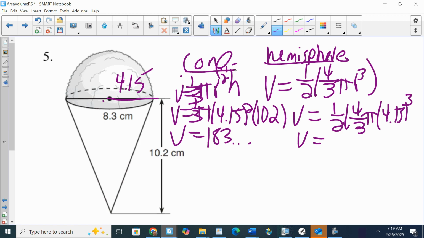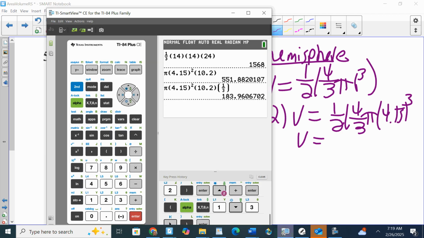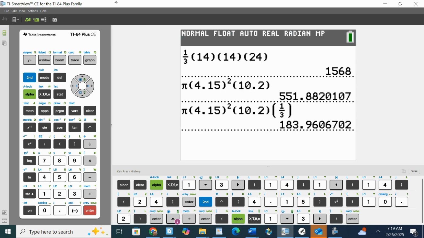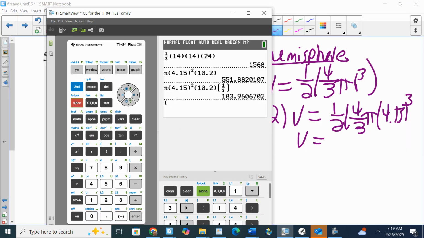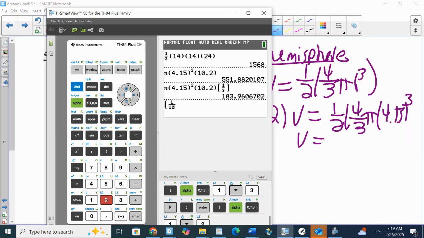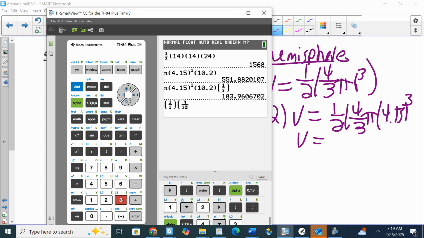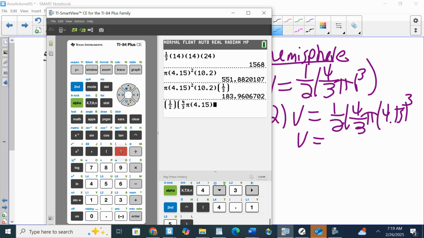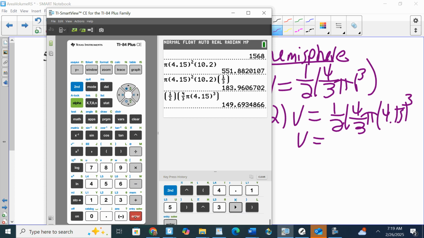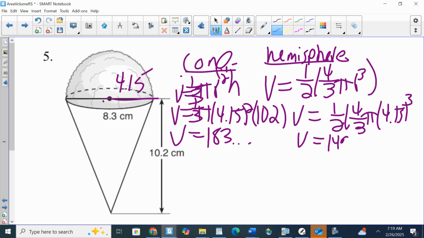The hemisphere, I've got 1/2, 4/3 pi, 4.15 cubed, 149 dot dot dot.